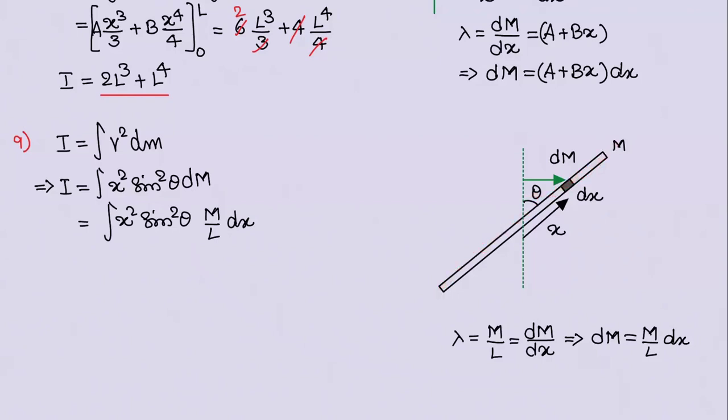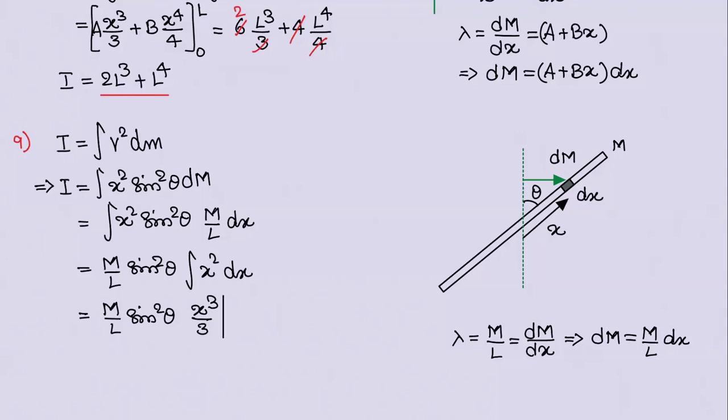So capital M by L sine square theta will come out, integral x square dx. X value changes from minus L by 2 to plus L by 2. So if you solve it, M by L sine square theta x cube by 3, limits minus L by 2 to L by 2. But this is positive, this is negative.